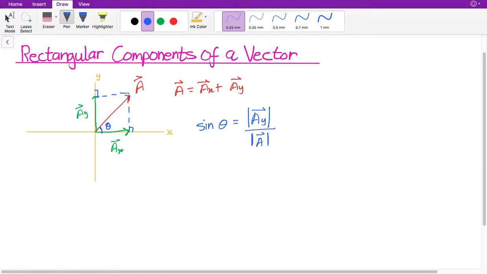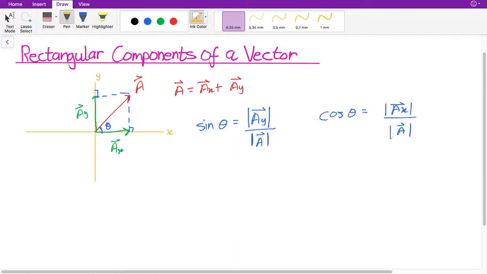Now let's consider the cosine of this angle theta. So the cosine of this angle theta is equal to the magnitude of A sub x over the magnitude of A. Now if we were to write these ratios in a slightly different form, we can actually have a definitive way to determine the magnitude of the two components.